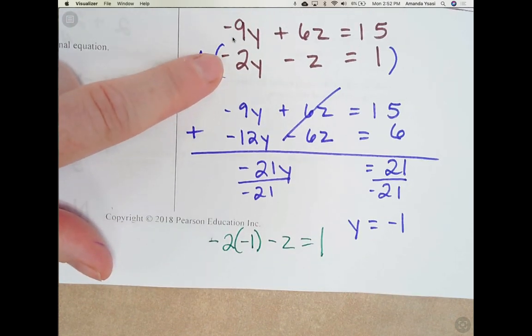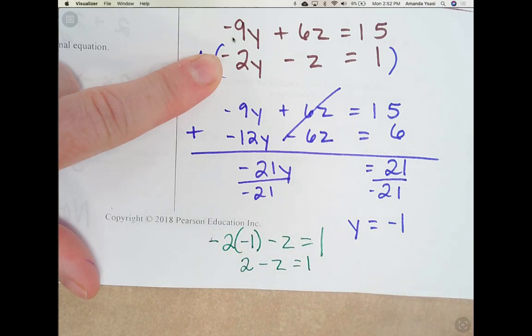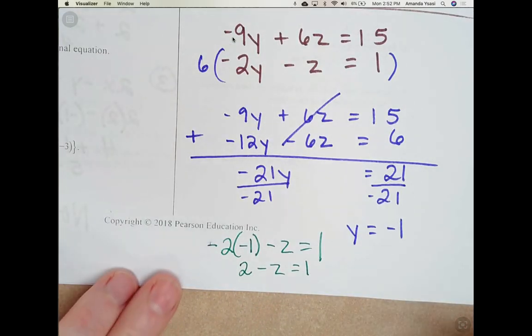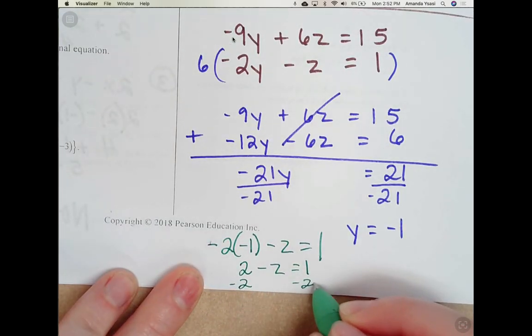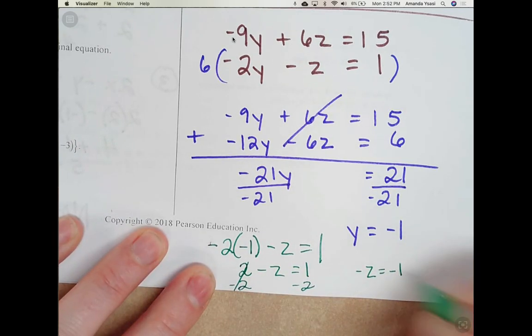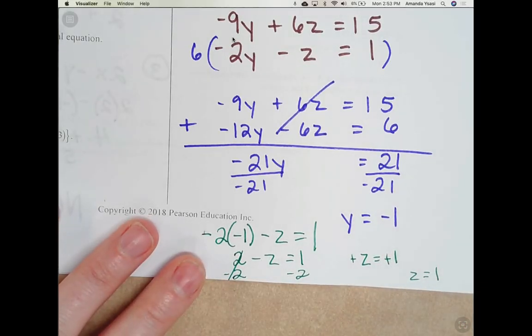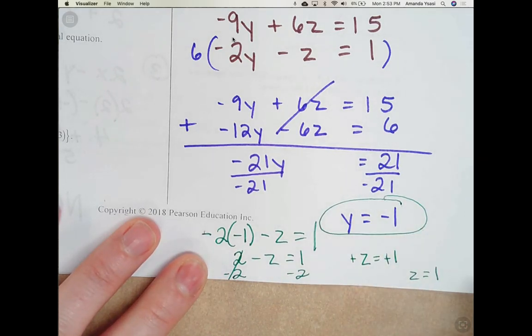Because you're using the negative 2y. So it's positive 2 minus z equals 1. Minus 2, minus 2. Negative z equals negative 1. Change the sign on both of them. Z equals 1. Okay, so we have y equals negative 1, z equals 1. Now we just need to get x.